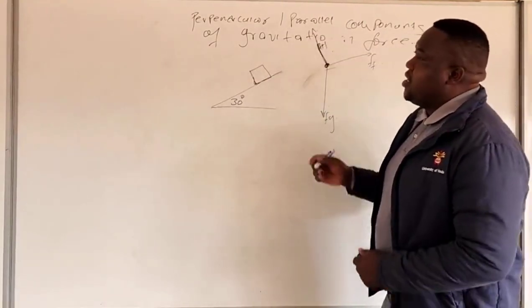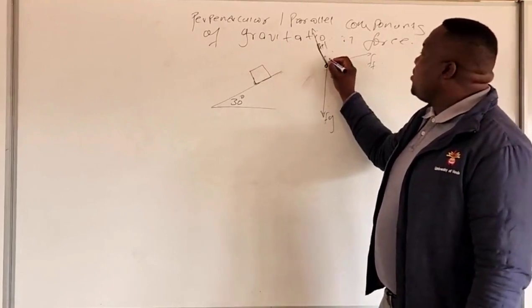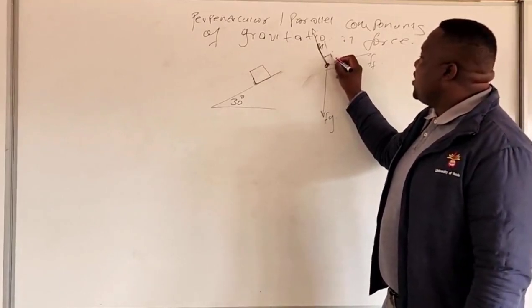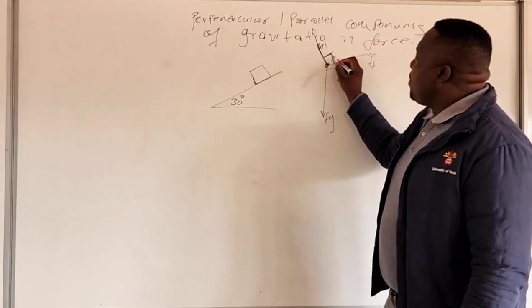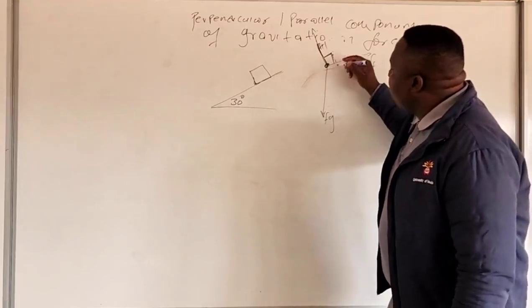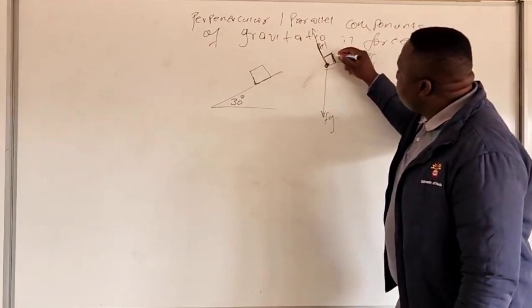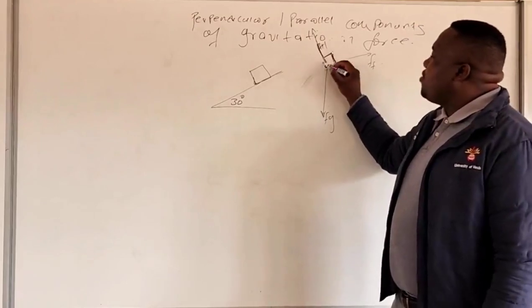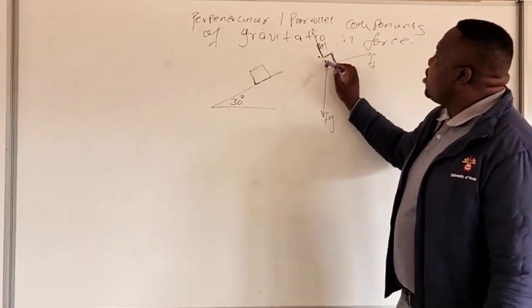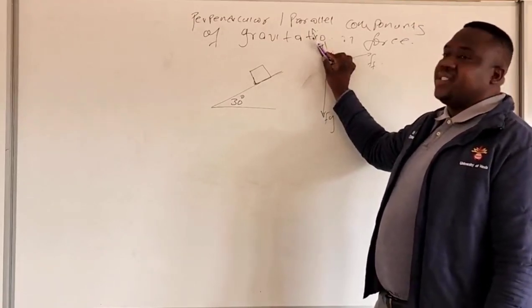So normal force must be perpendicular to frictional force on an incline, rather, perpendicular to the surface. So here we must have an angle of 90 degrees. That's why I'm drawing my normal force to face this side.